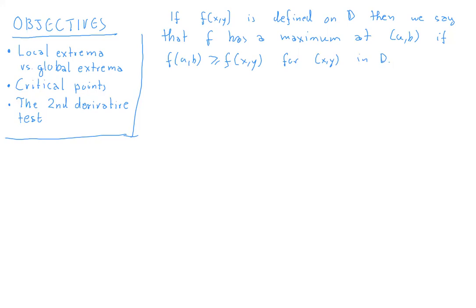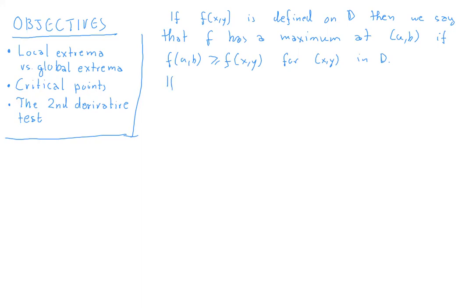But if the function happens to have a point where the output at that point is larger than all neighboring outputs, not all outputs in D, but just neighboring outputs, let's say the outputs on a disk surrounding that point, then we say that we have a local maximum.